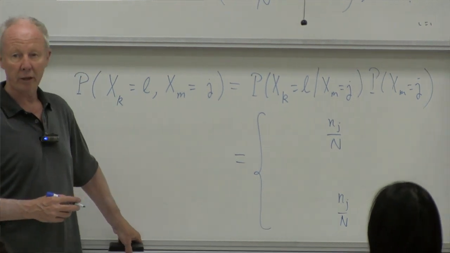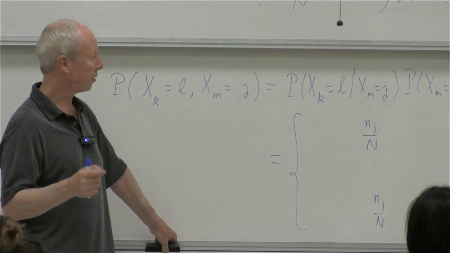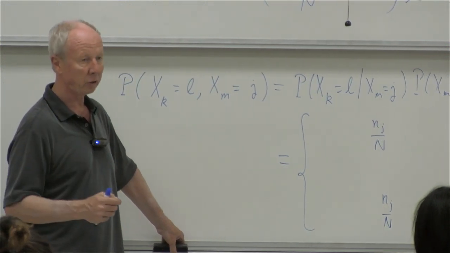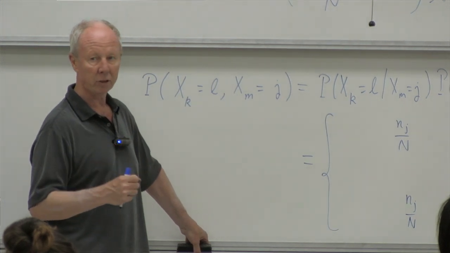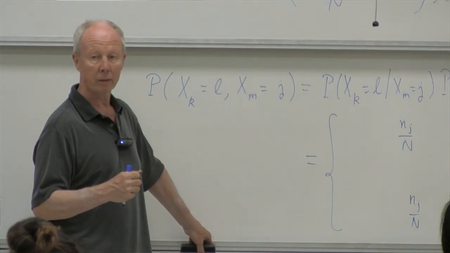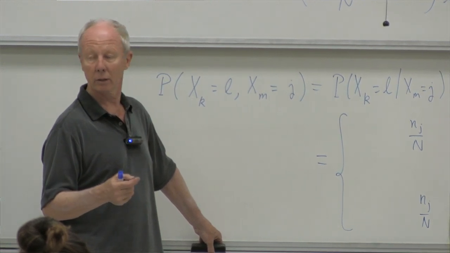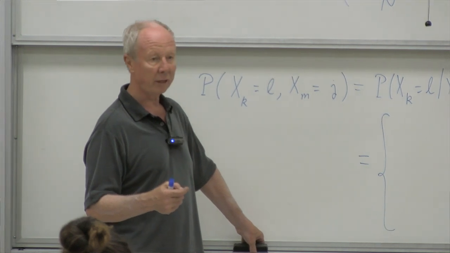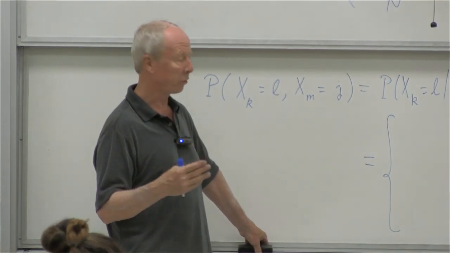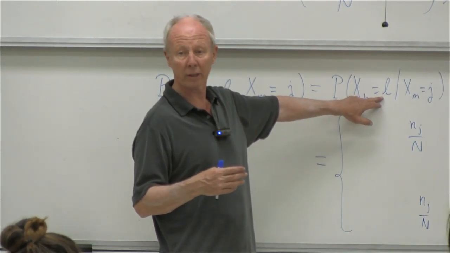What if L is equal to j? That is, what if j is 0? So I picked out an individual, and that person had opinion 0. What's the probability now that I pick out another person with opinion 0? How many are left with opinion 0? n sub 0 minus 1. On the other hand, if L is different from j, the full set of people with opinion L is still there. It would be n sub L over N.